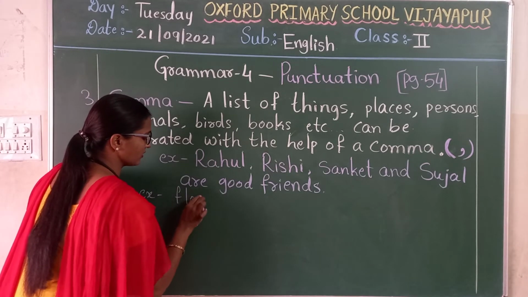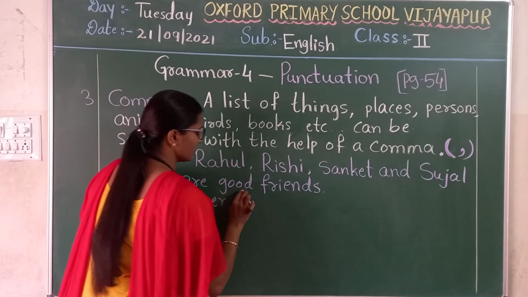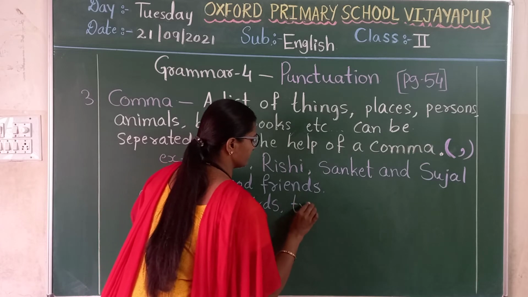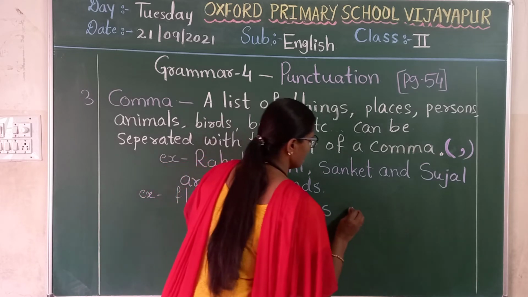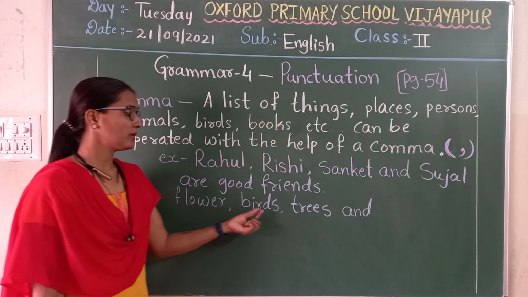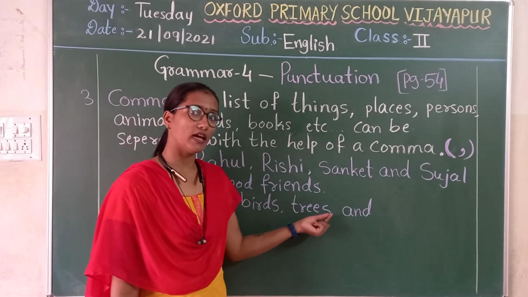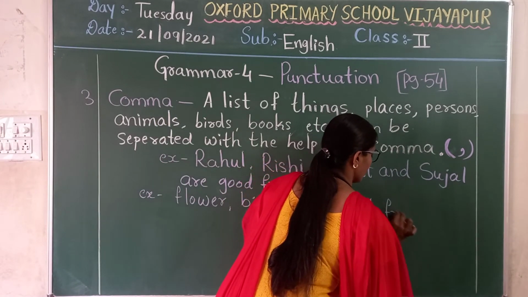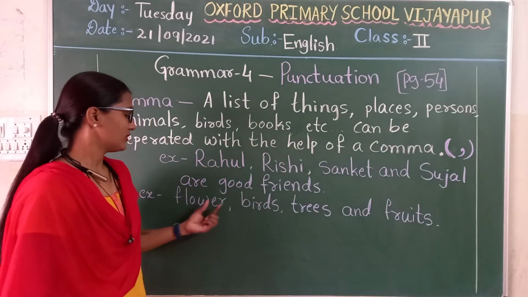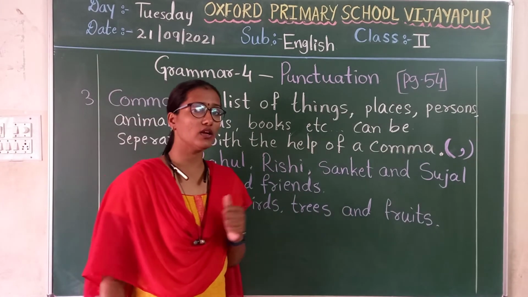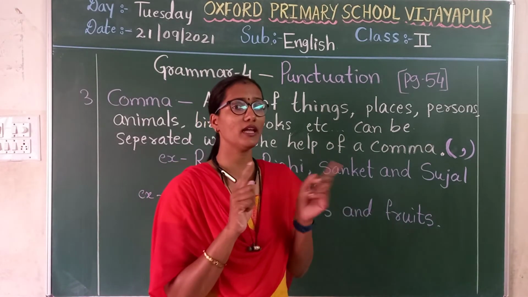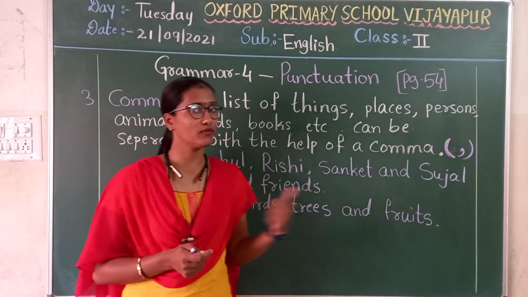Flowers, birds, trees, and fruits. When we are separating and writing together, at the end we join the words with the word "and", that we call a conjunction.